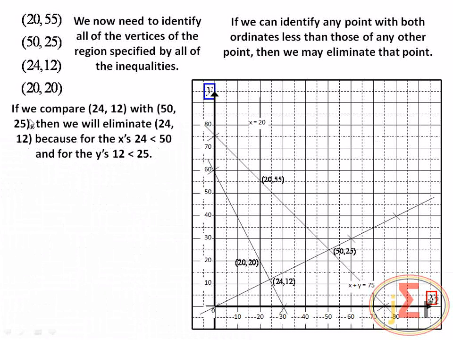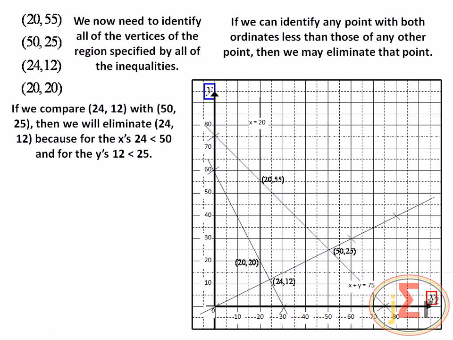So look at this one now, just to clarify what we mean. If we compare 24, 12 with 50, 25, the 24 is less than the 50 and the 12 is less than the 25, so that point is automatically out.